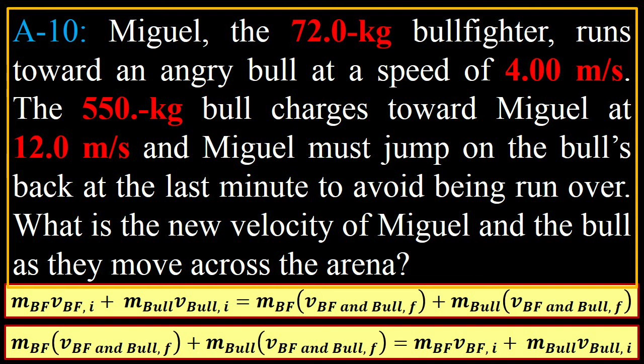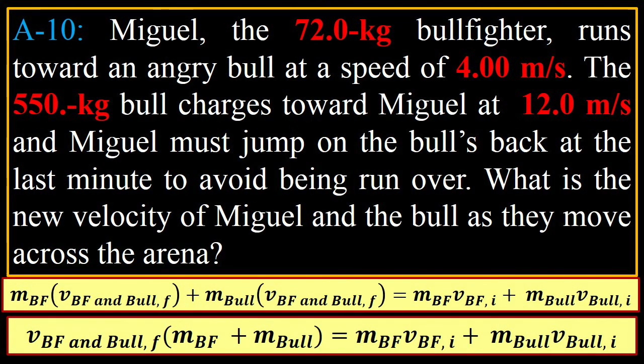Now we're going to factor out the velocity of the bullfighter and the bull. We'll factor that out and divide through by the sum of the masses, and then we'll put in and calculate. Let's change the time frame on this.